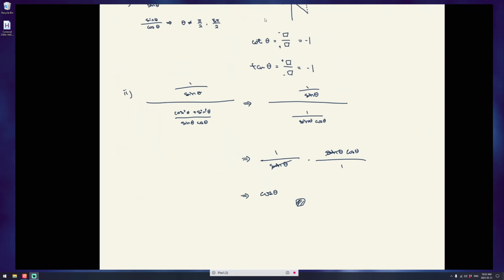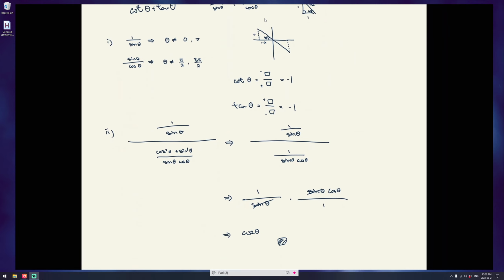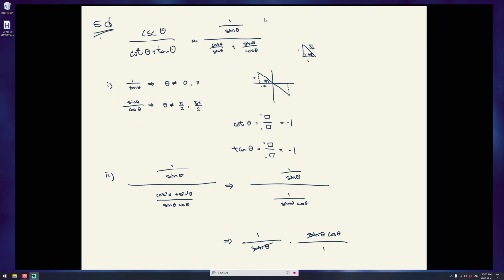Okay, done. So we notice that it all simplifies to just cos of theta. And just as a sanity check, notice how the simplified form of cos theta has no domain restrictions, right? But that doesn't mean that you just forget about these, okay?